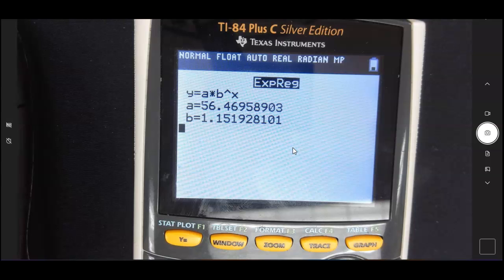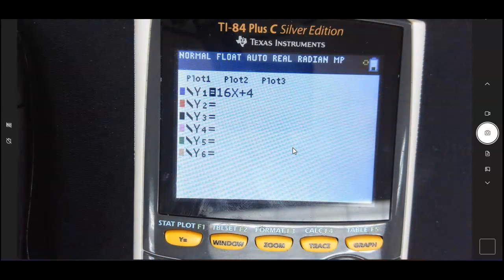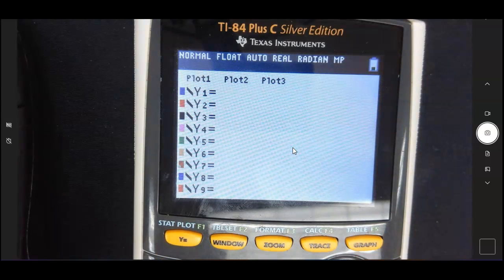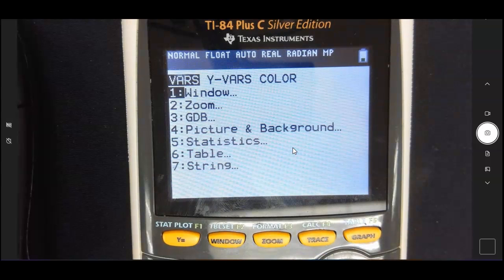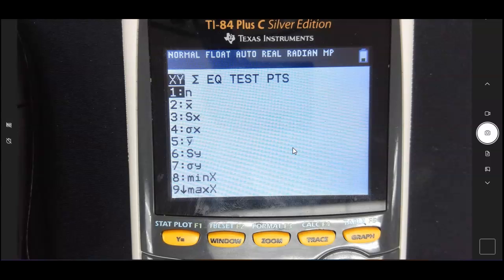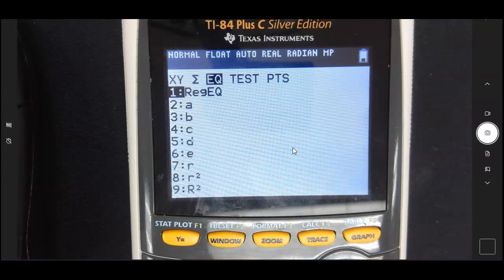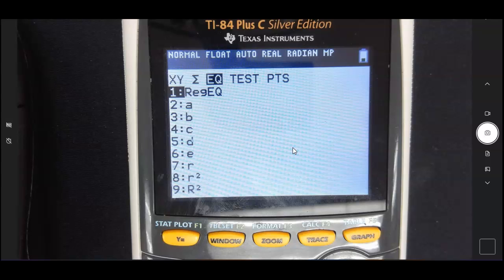So what you would do is, and I'm going to kind of cheat, I'm going to go over to y equals. I'm going to erase what's in my y equals. I'm going to hit vars, go down to option 5, arrow over to equation, and hit 1 on reg EQ. What it's going to do is take that last equation I calculated and put it in my y equals.